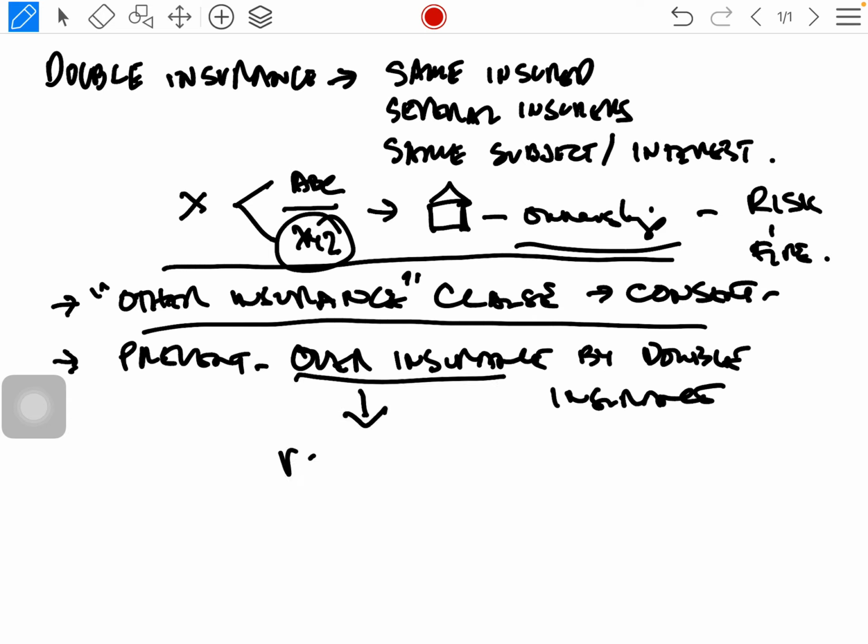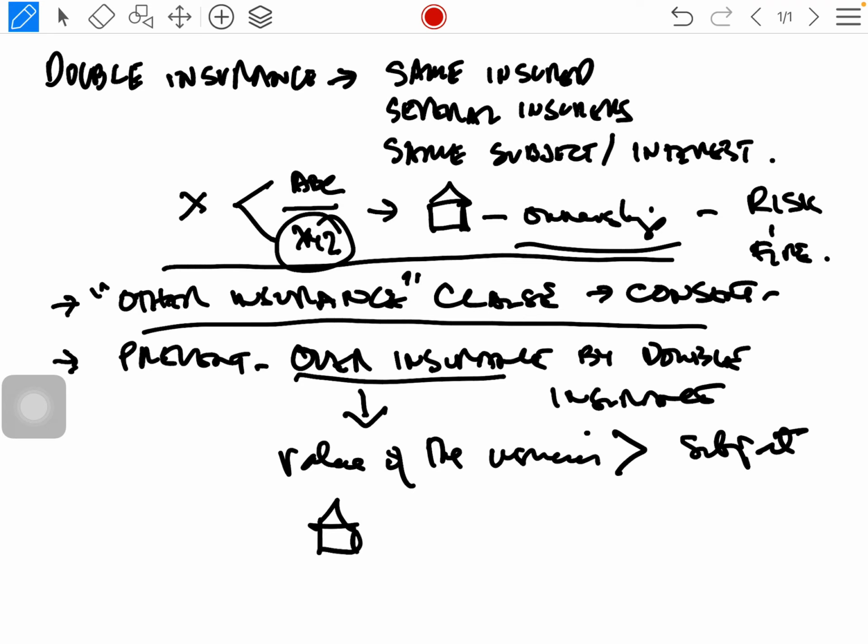Overinsurance, on the other hand, is a situation where the value of the insurances far exceed the value of the subject. Like for example, a house is worth 1 million pesos. The insurance that is procured is 2 million.